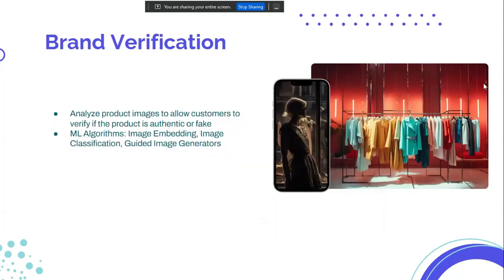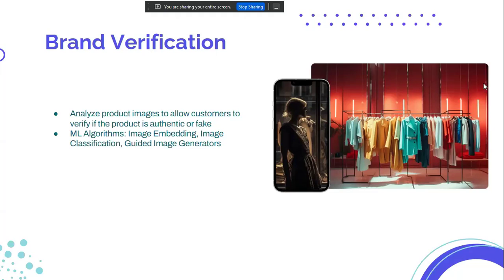The other one is brand verification. This has been quite a big issue in the fashion industry. I believe in 2020 or 2021, Nike stopped selling their products on Amazon because a lot of people were selling fake products.